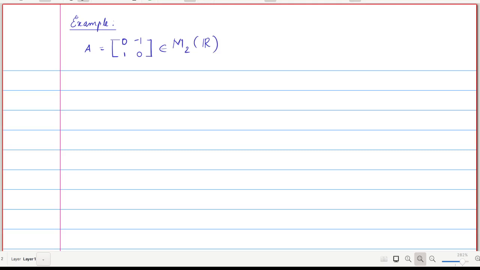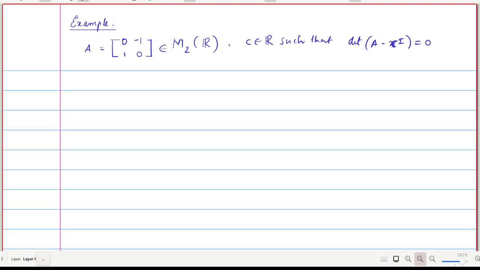The characteristic value of this matrix is defined to be the values of C belonging to R such that determinant of A minus Ci equal to 0.